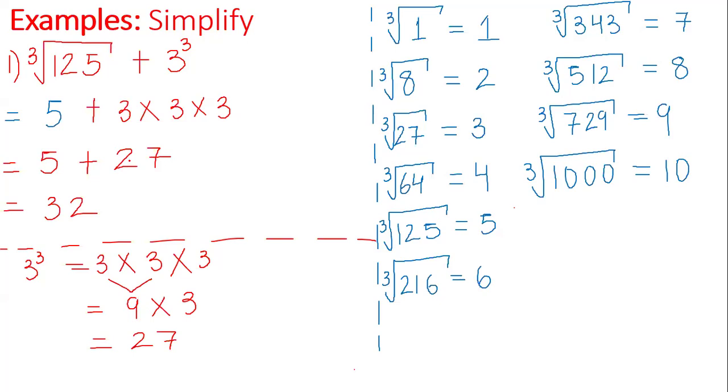Is there anyone who does not understand how I got 32? If you have a question, Mr. Petit, go ahead. Why do you have 125 to 3? You mean here? Yeah. This is the cube root. Ronaldo, go ahead.